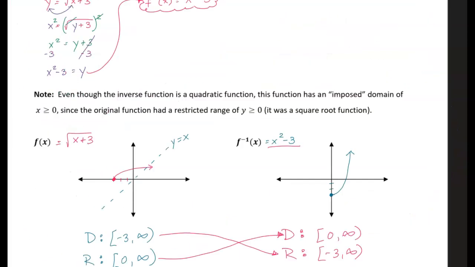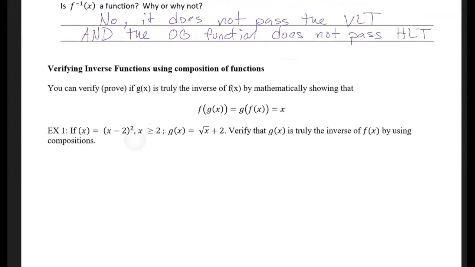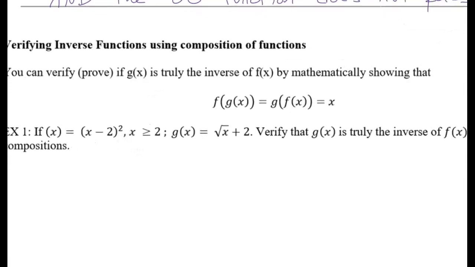So when I go about algebraically proving that two functions are inverses of each other, this is what I need to show. I need to show that f of g of x is equal to x, but also that the other composition, g of f of x, the reverse, is also equal to x.